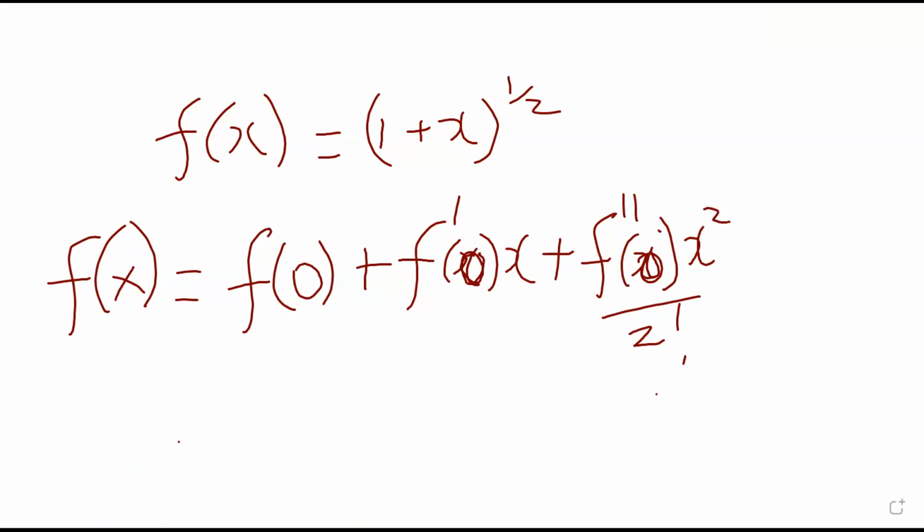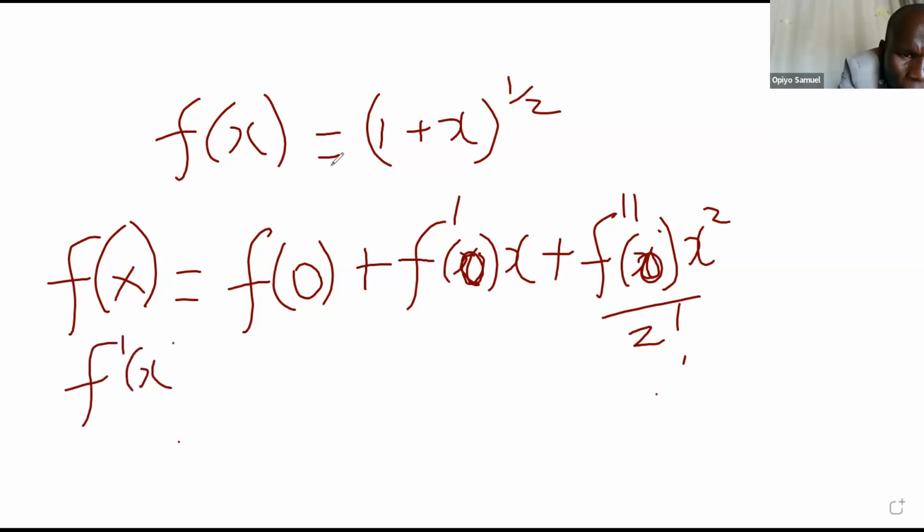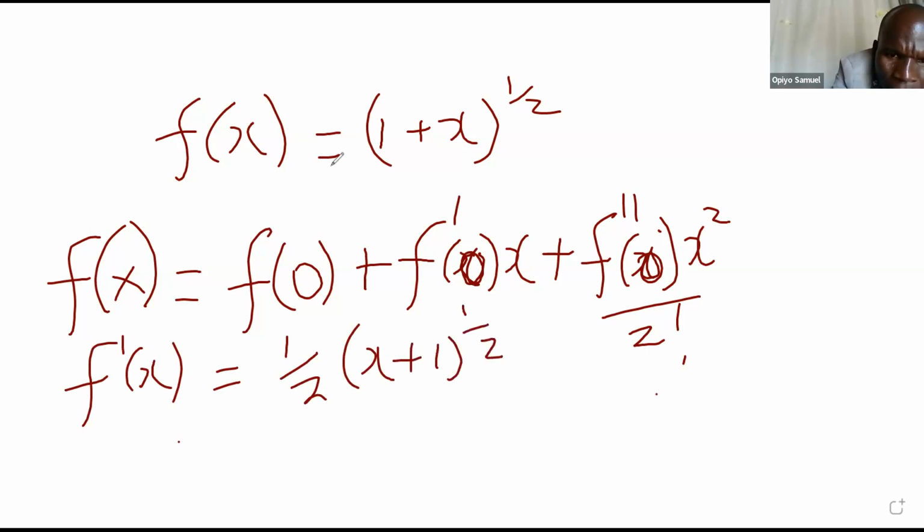Remember we have already got the first derivative. The first derivative, we got it to be a half times x plus 1 to the power negative a half.